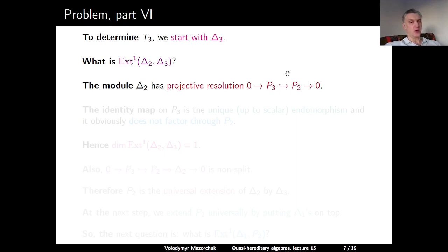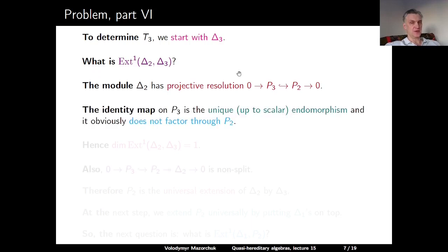Now we need to take Hom from this resolution to delta 3. Delta 3 is P3, so the identity map on P3 is the unique up to scalar endomorphism of P3, and it obviously doesn't factor through P2 because P3 is an indecomposable module and P2 is another indecomposable module.